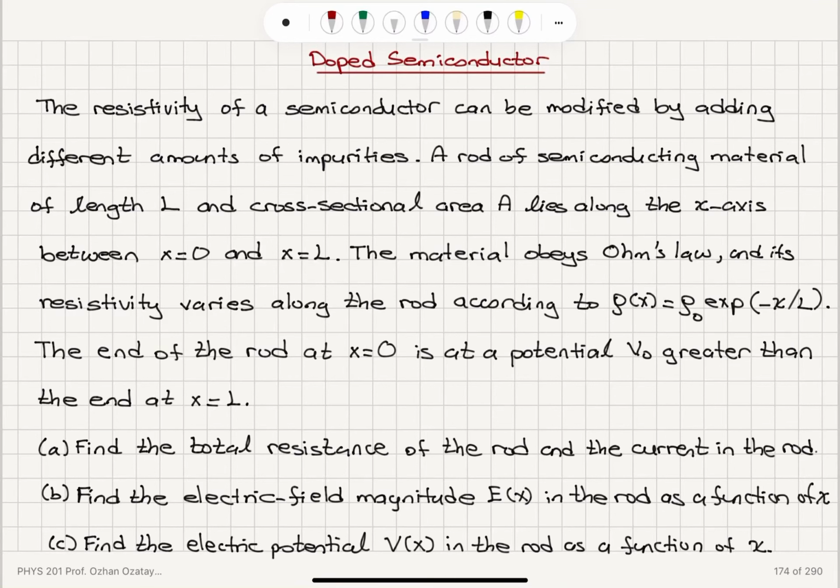Doped semiconductor. The resistivity of a semiconductor can be modified by adding different amounts of impurities.